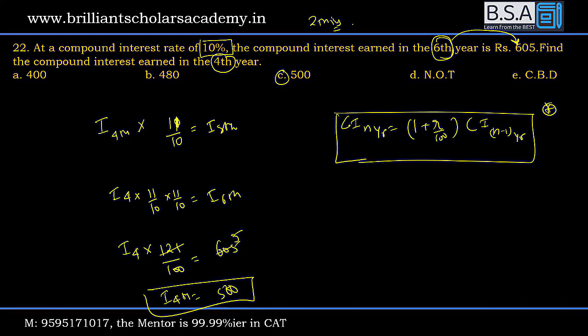Absolute basic. Now, from fourth year to fifth year, one increase. From fifth year to sixth year, one more increase. So I'm increasing 10 percentages two times back to back, fourth year to sixth year. Again, fundamentals, application of fundamentals.